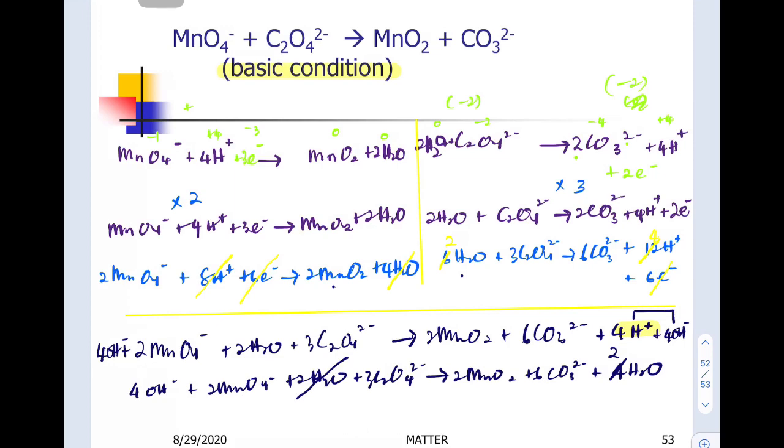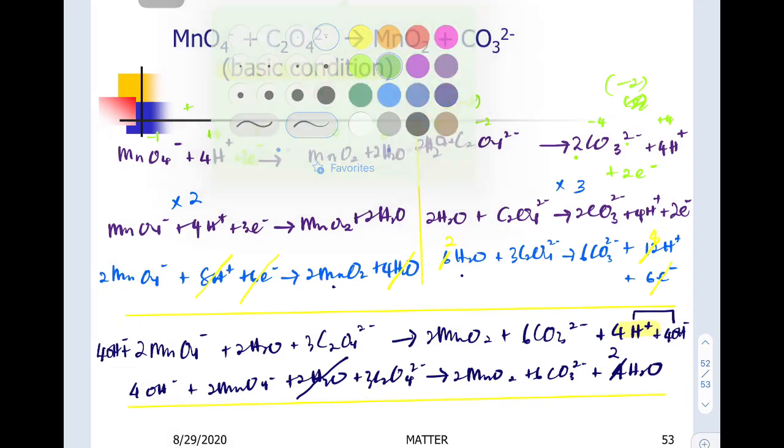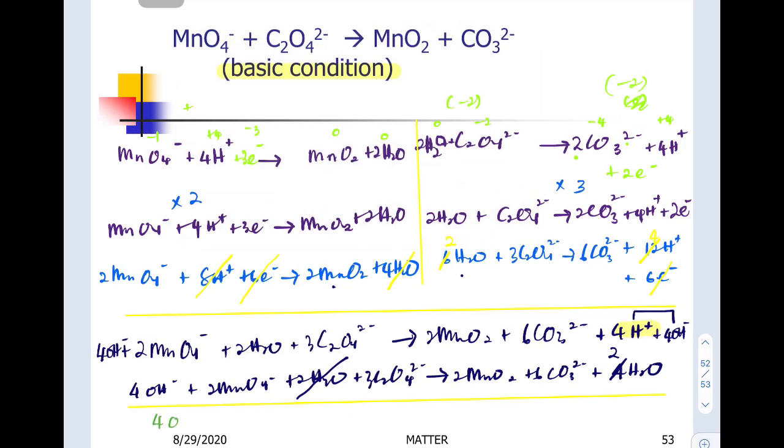Then rewrite the final equation of this reaction: 4 hydroxide, 2 MnO4 minus, 3C2O4 2 minus turns to 2 MnO2 plus 6 CO3 2 minus and 2 H2O.